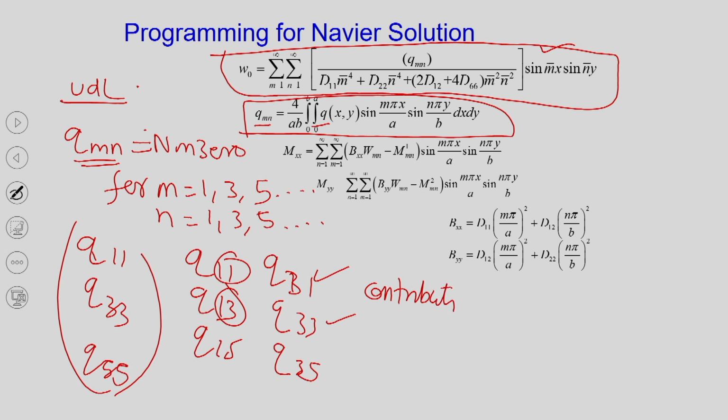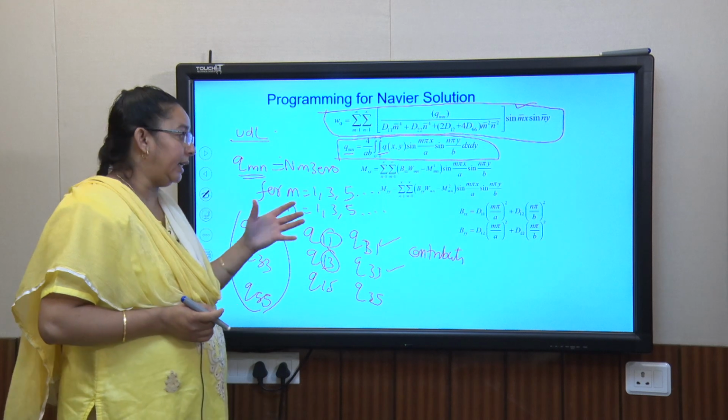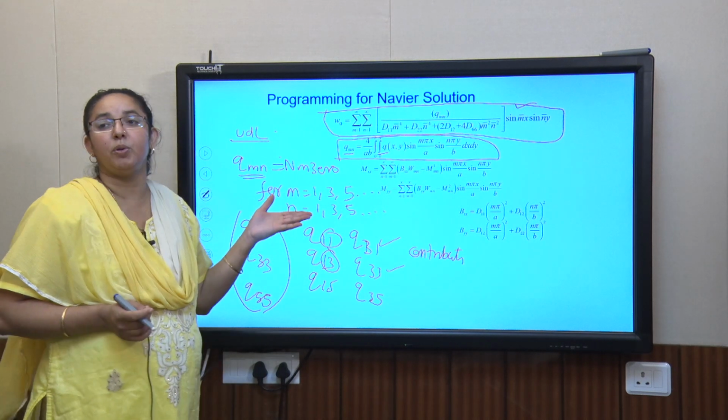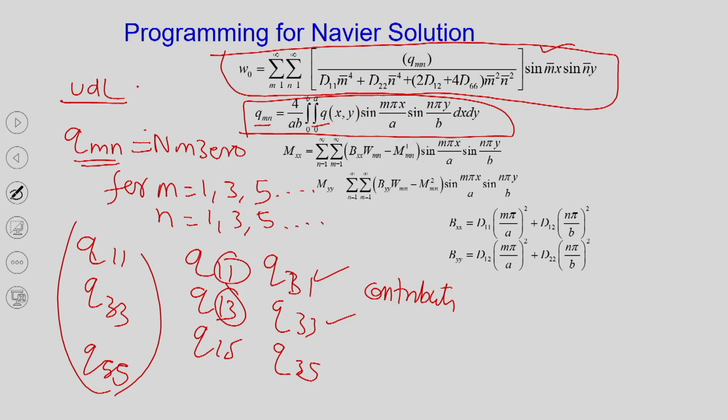While writing theoretically, it looks very simple, but when you go for programming and actually calculate, these questions come to your mind: what should I take, 1,1 or 1,3 or 3,1, or just the diagonal terms, or how to make the loop so that every m and n is evaluated, or how to store the data.